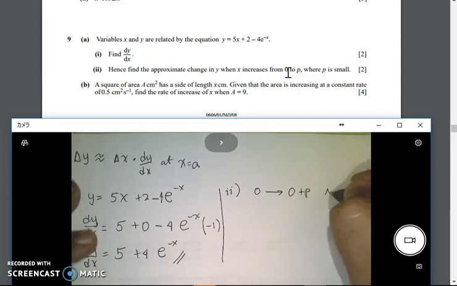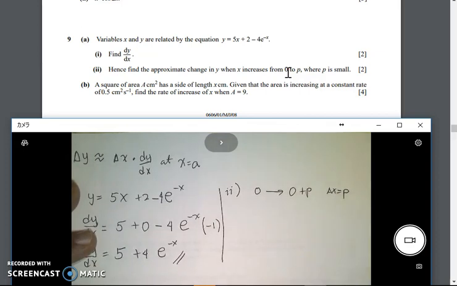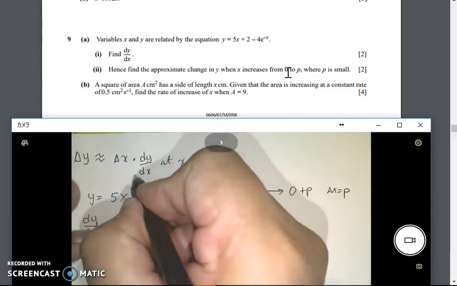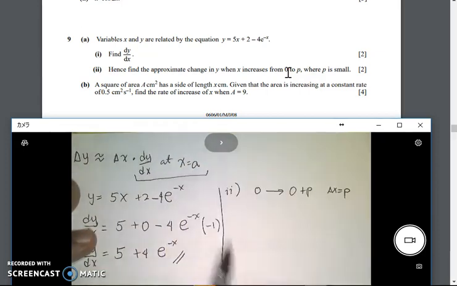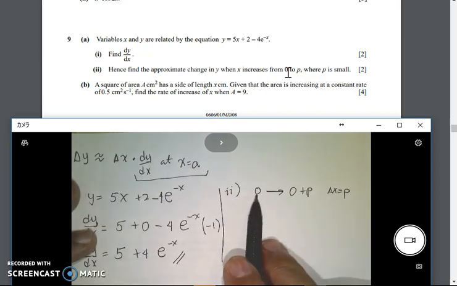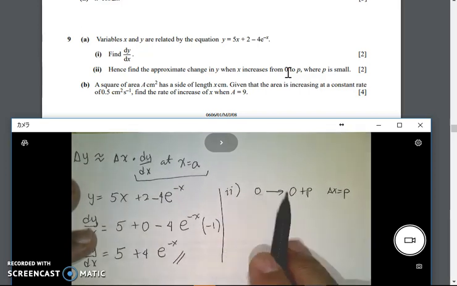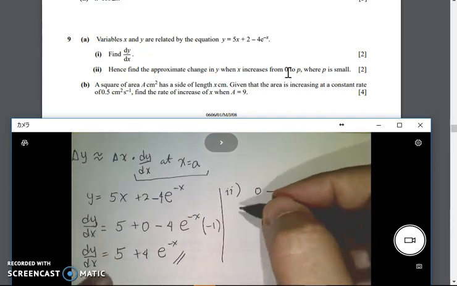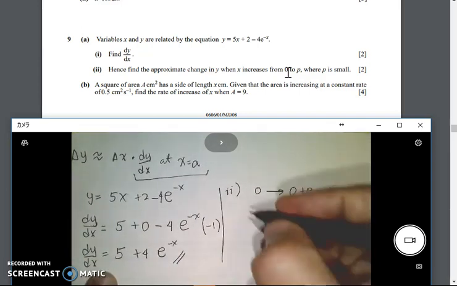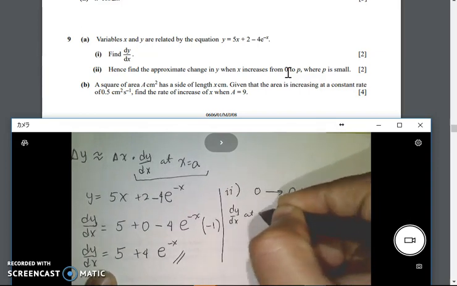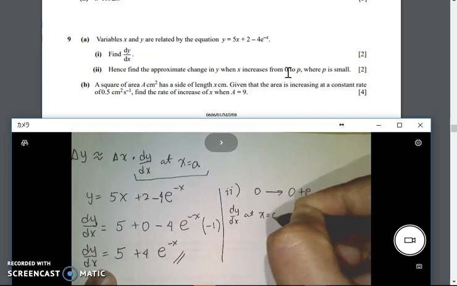Therefore, delta x is equal to p. Now we need to find the derivative at x equals a, which here is 0, because it goes from 0 to 0 plus p. So you need to find dy/dx at x equals 0.